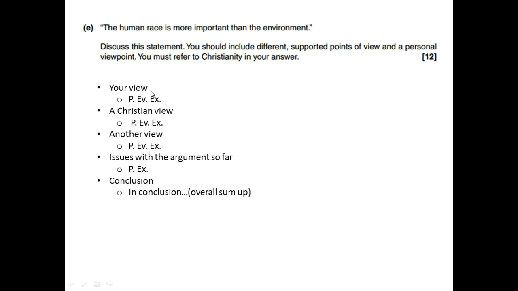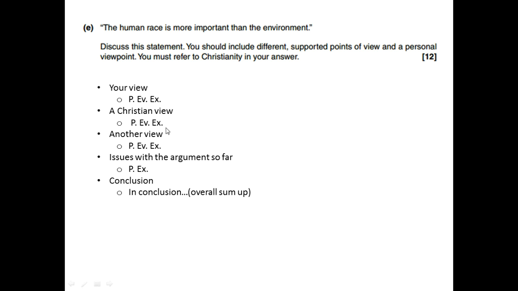So you open up with your view, then a Christian view, in point, evidence, explain. Your view is your view on the given quote, by the way, and then you do a Christian view on the quote, and then you do another view on the quote. This other view can be any view you wish that isn't your own view, because you've already discussed that one.